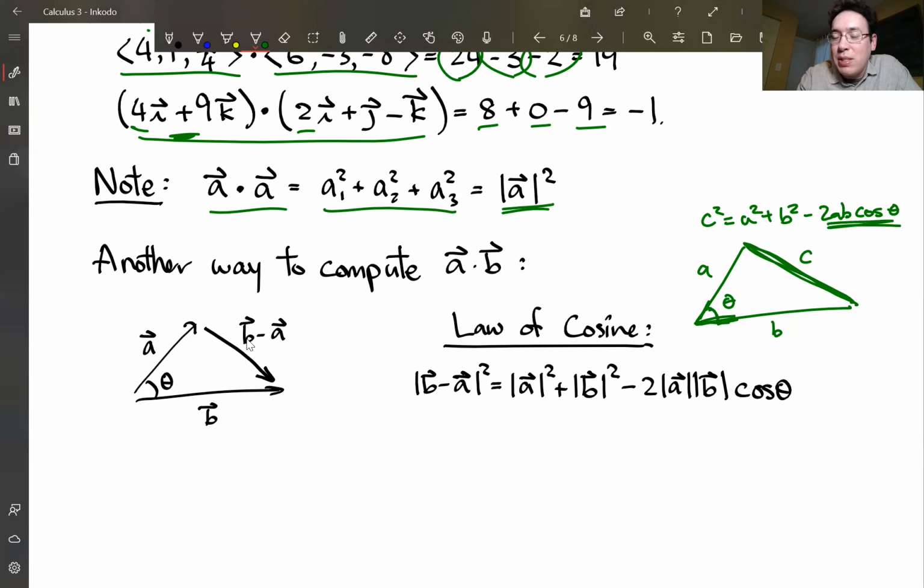If I remove this term and change the angle here to 90 degrees, we get the Pythagorean theorem. The cool thing about the law of cosines is that you can use it for any triangle, not just a right triangle.